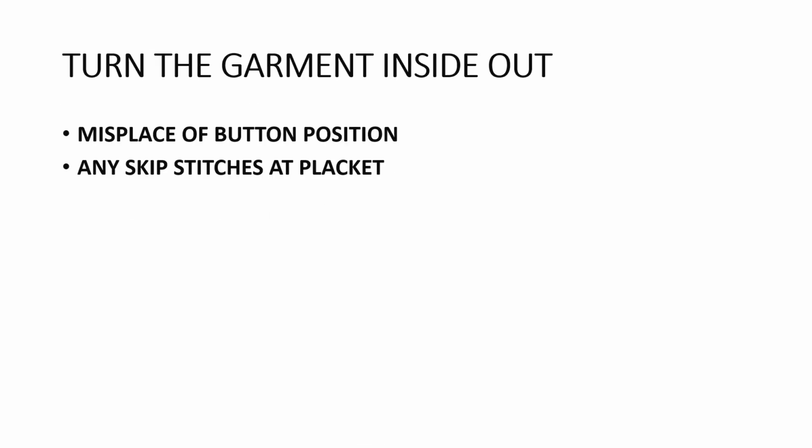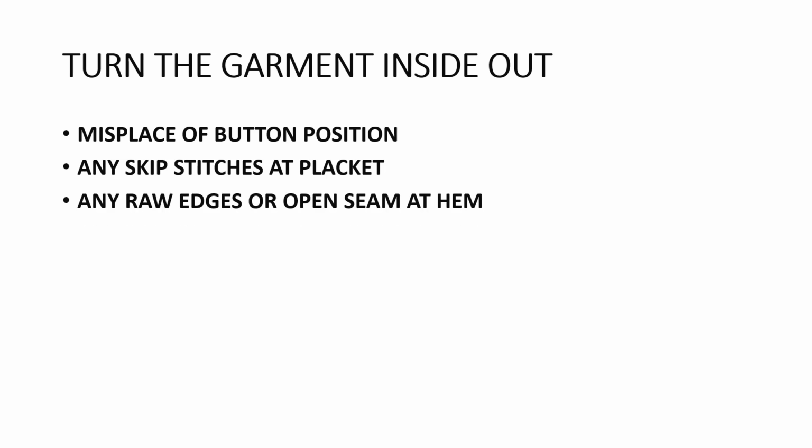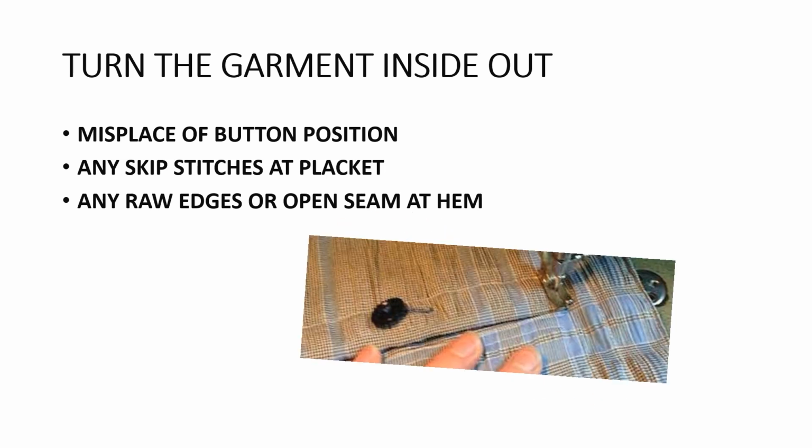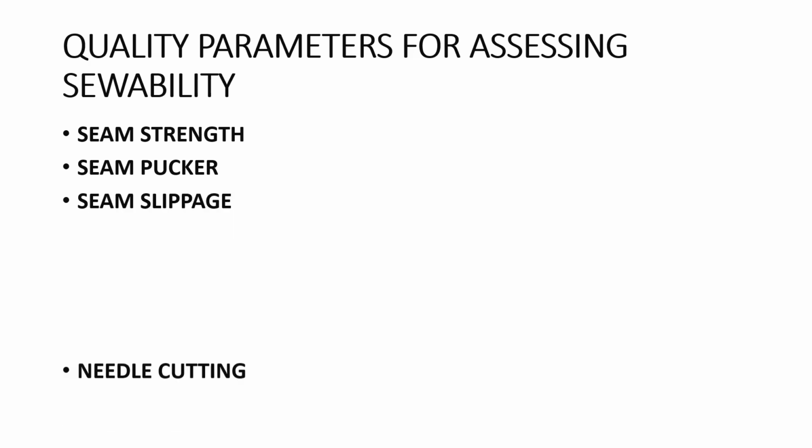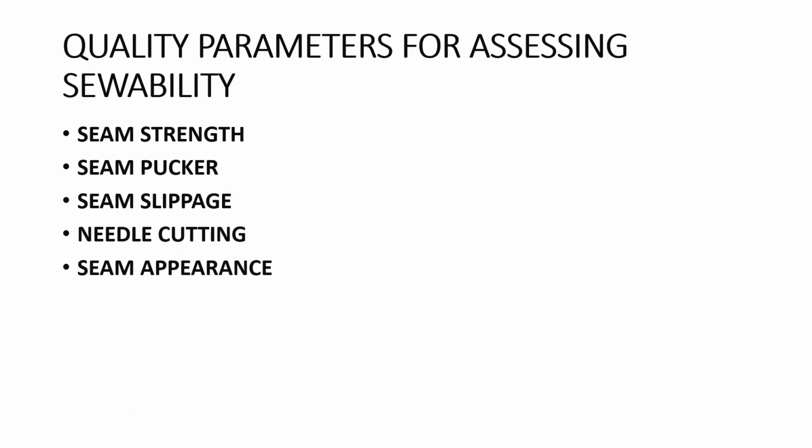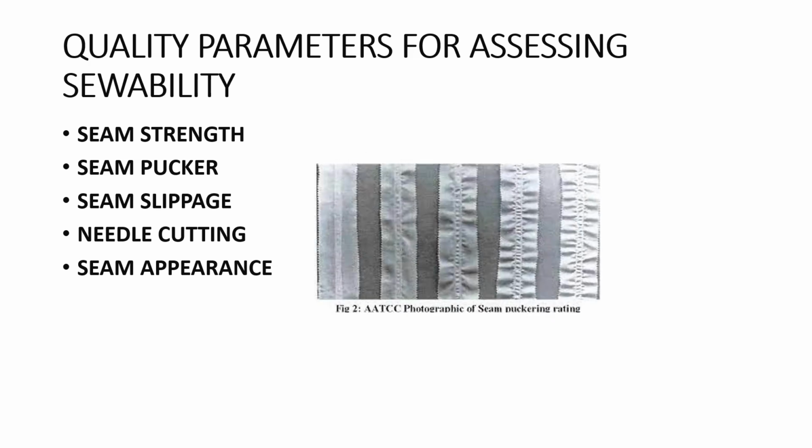We also see whether there is any button positioning misplacement, skip stitches at the placket area, or any raw edges in the garment in the inside-out condition. And there are defects we have already seen in sewability: seam strength, seam puckering, seam slippage, needle cutting and seam appearance. These are important points, which are also judged at the garment stage using some AATCC test methods.